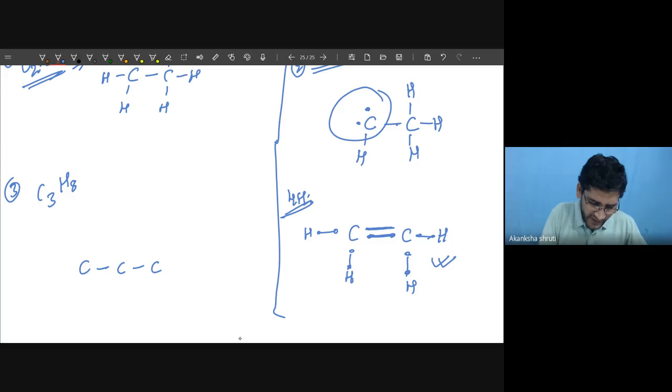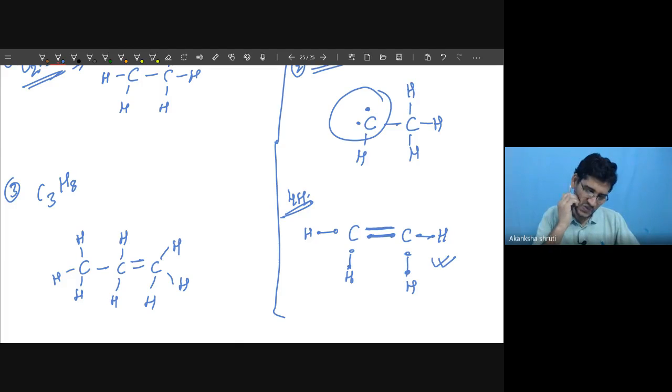Can I make a double bond with hydrogens like this, H8, C3? Can I make this structure like this? What is the problem with the structure that I have drawn?